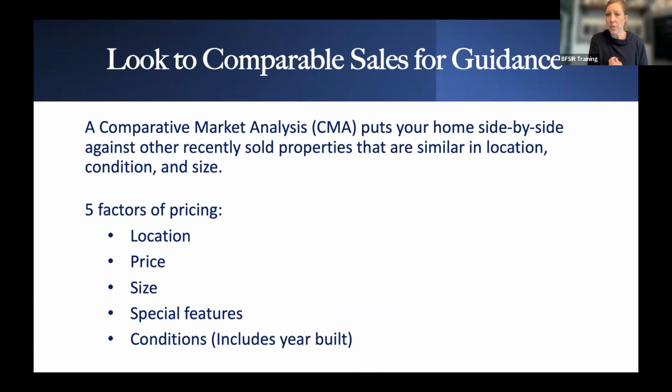We want to be the experts on the market, but basically a comparative market analysis puts your home side by side against other recently sold properties that are similar in location, condition, and size. And so these are five of the main factors of pricing: location, price, size, special features, and then conditions like year built, or what is the condition of the house, right?